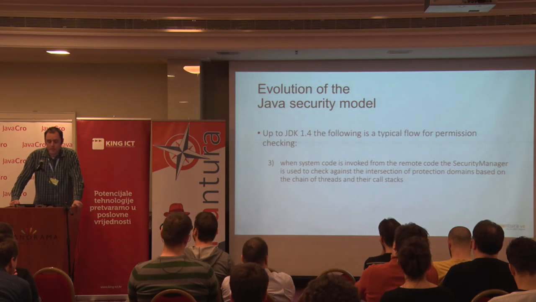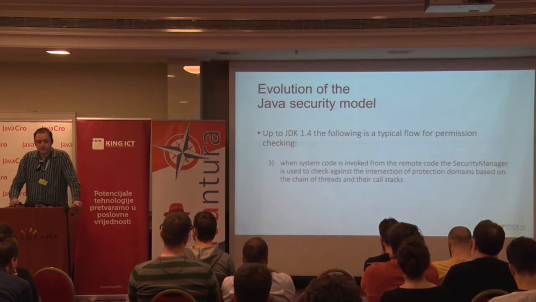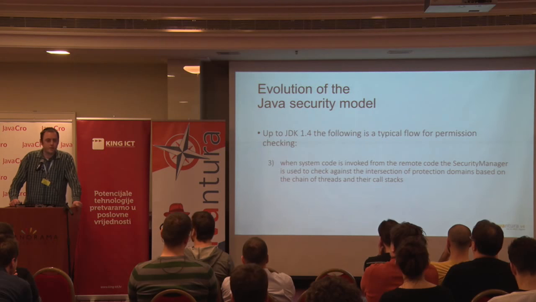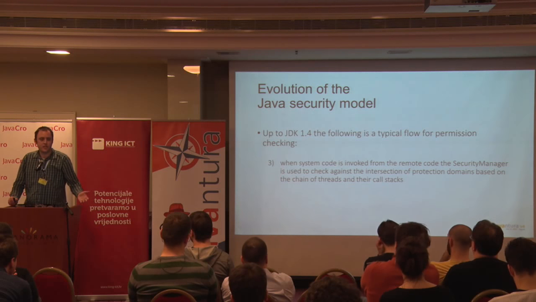The third step is that your application invokes some system code. For example, it tries to write to the file system or open a socket. And this is when the JVM calls securityManager.checkPermission to see whether your application has the ability to do whatever it wants to do.